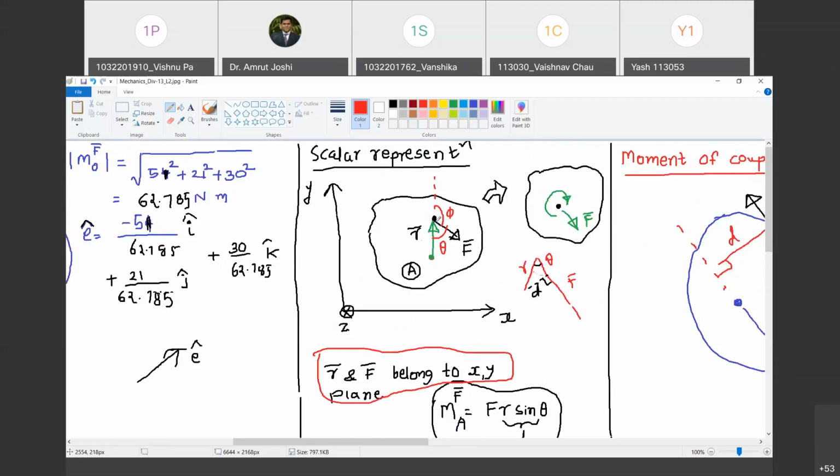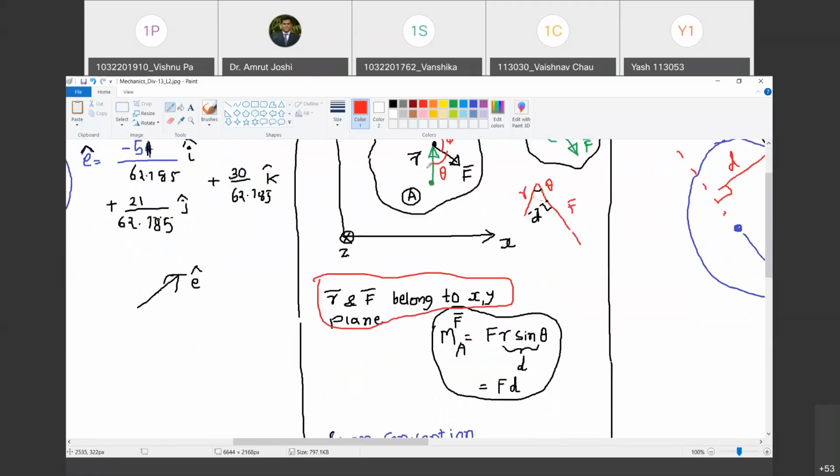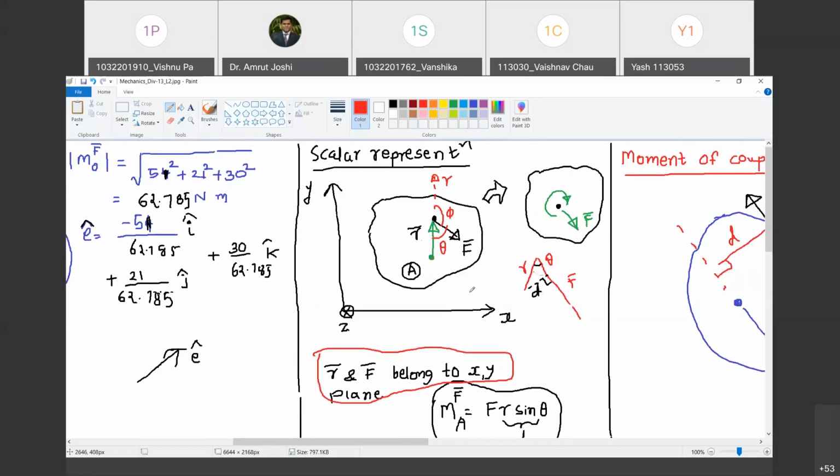When we find out R bar cross F bar, we rotate R bar towards F bar, and the angle to be considered is phi, not theta. But sine of 180 minus theta, 180 minus phi, is the same as sine phi. Therefore, I can still write it as FR sine theta. Are you with me?